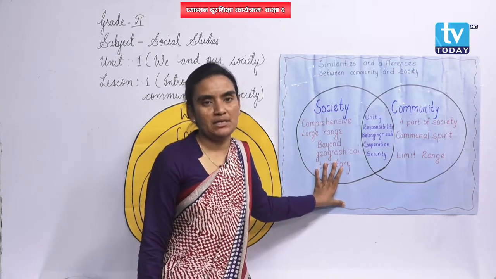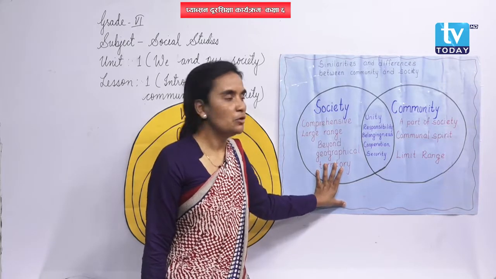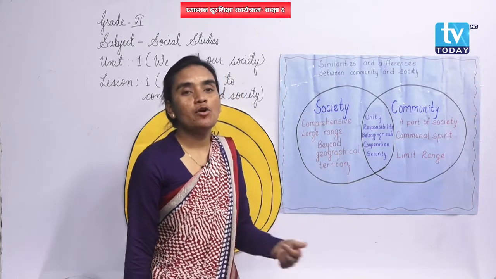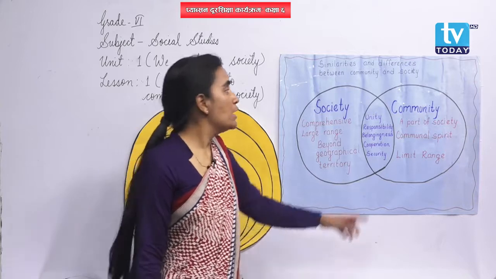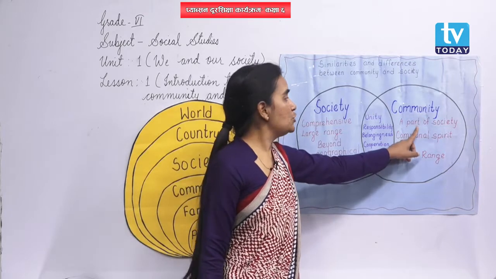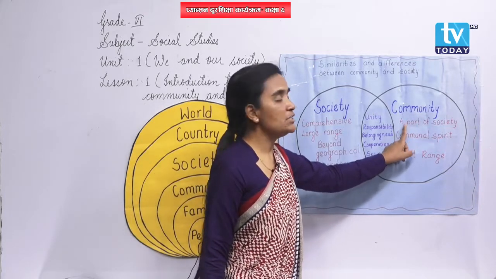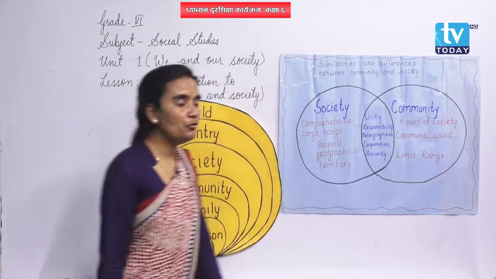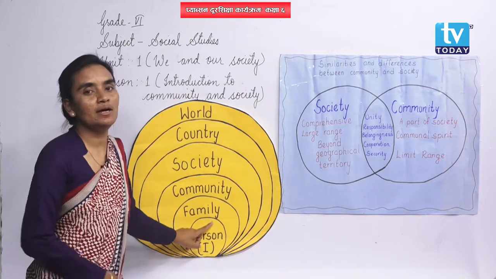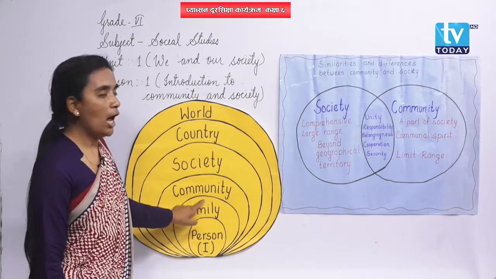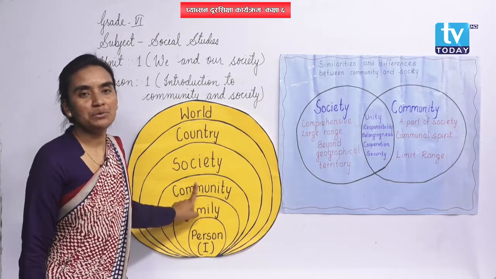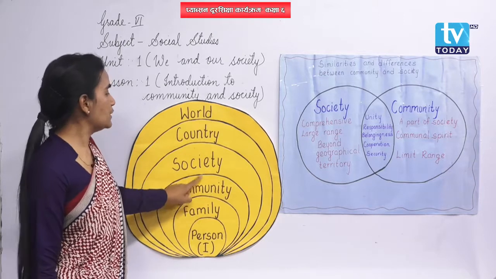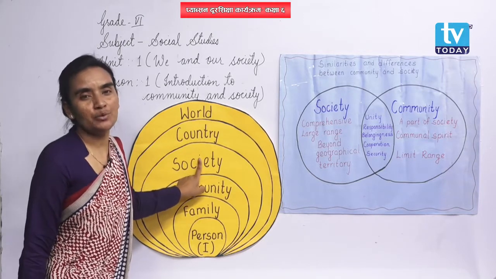Besides that, when we go for the salient features of community, the first one is that it's a part of society. When you looked at the concentric circle, you saw that after families, communities are created, and after communities, societies are created.